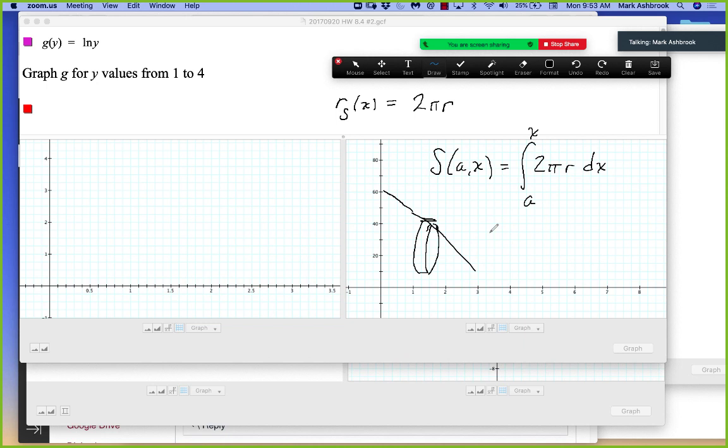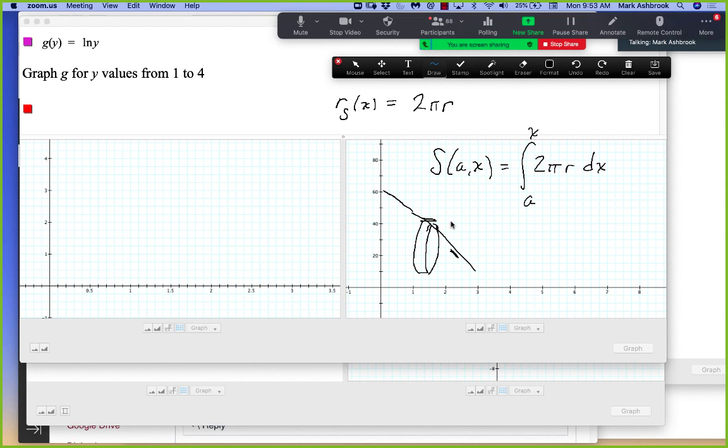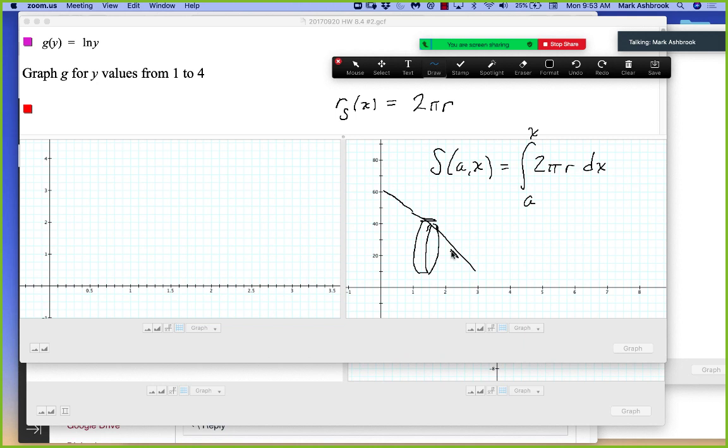So what was our remedy to that? We needed frustums. We needed these same ribbons, but not according to this dx, but according to ds. So this was dx.